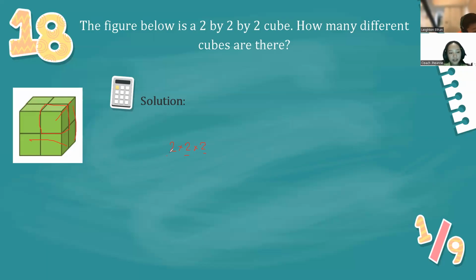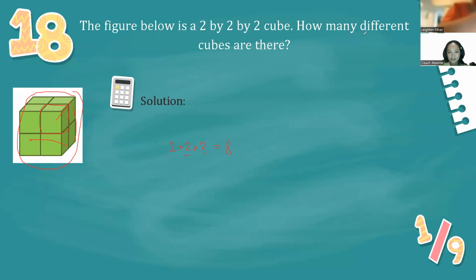Now, to get the number of small cubes, we multiply 2 times 2 times 2. So the answer would be how many? 8. Do you agree? 8. Now, we also have to include the bigger cube, since it's also a cube, right?